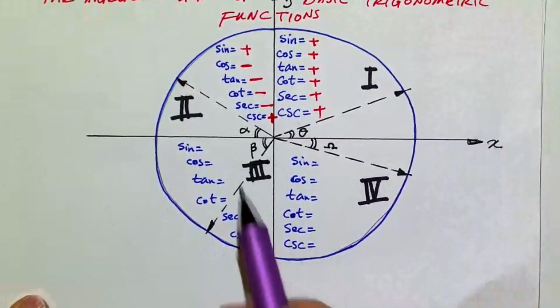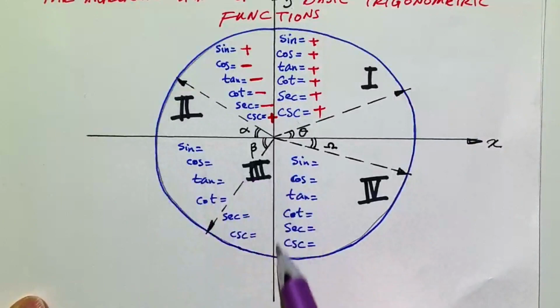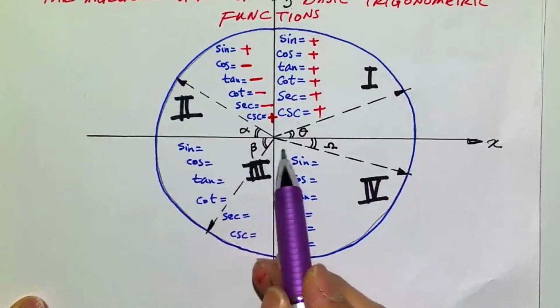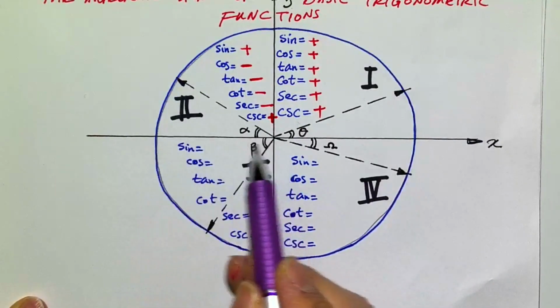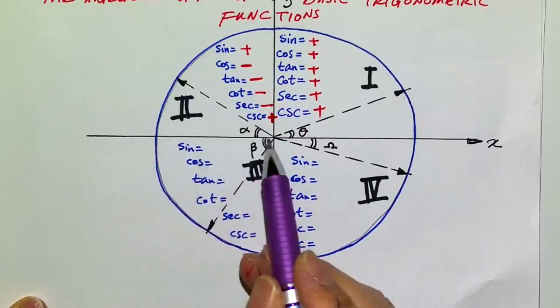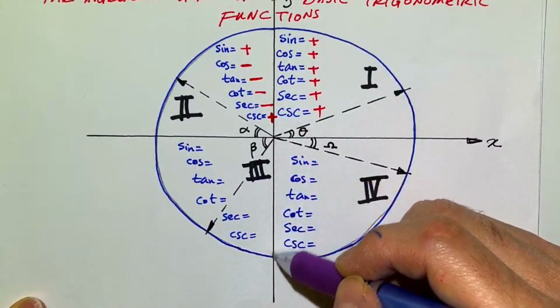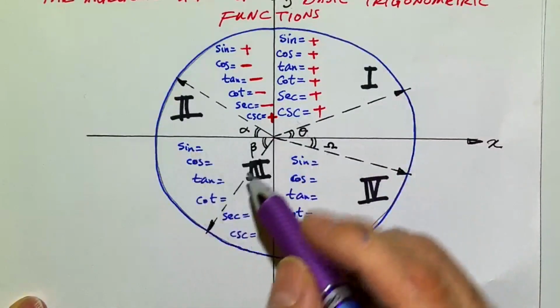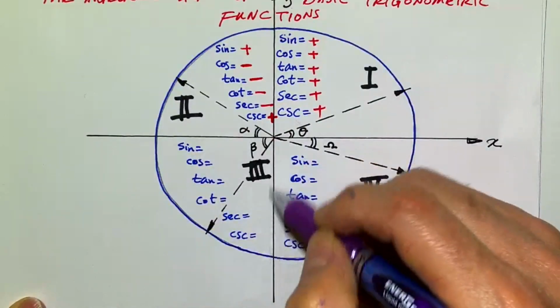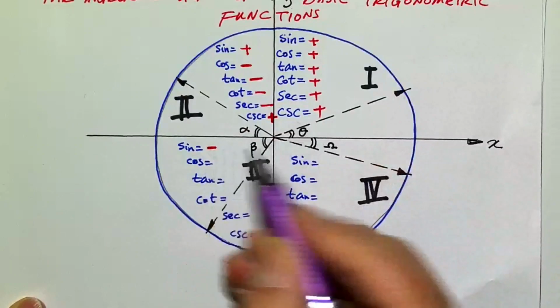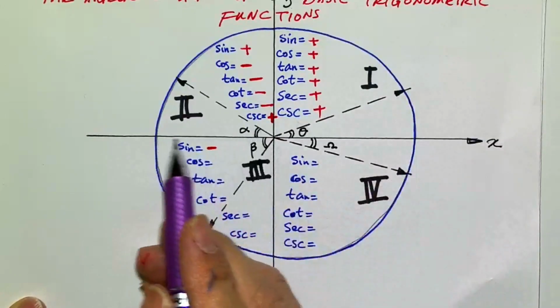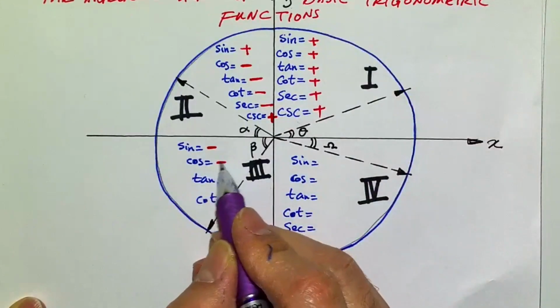Okay? So what about the third quadrant? Look at that. What is x? Is it negative or positive? It is negative. What about the y-axis? Is it positive or negative? Negative. So the sine function, which is equivalent to the y-axis, is negative. The cosine function, which is equivalent to the x-axis, is negative.